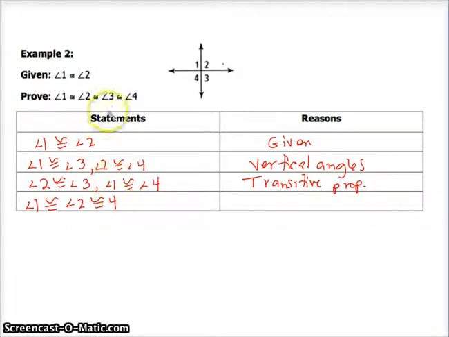We said that up here. Oops, let me back up. It's congruent to angle 3. We said that right here. We also said that 3 is congruent to 4. And this is by the transitive property. See, I told you it was going to come in handy. I'm happy because this is my personal favorite property. I'm happy it gets used a lot.